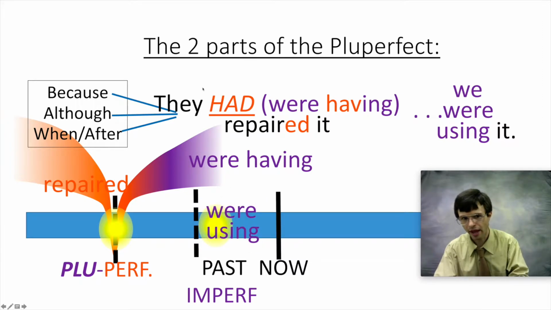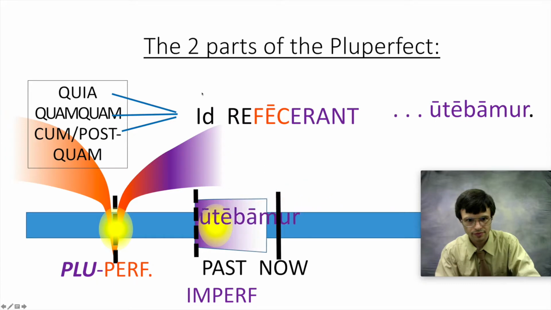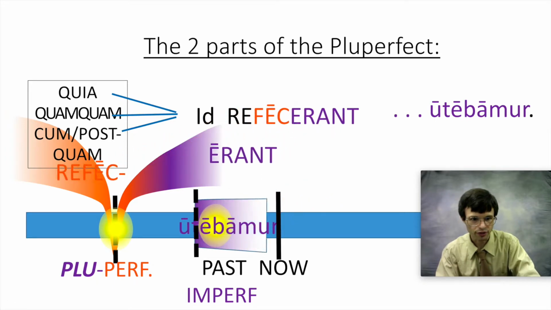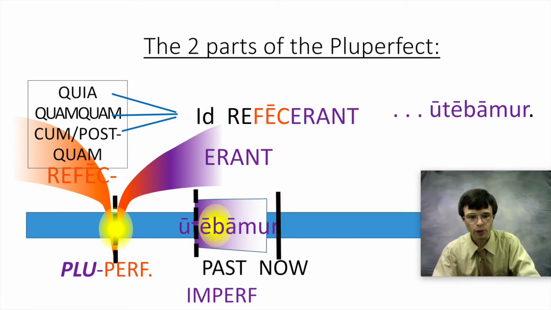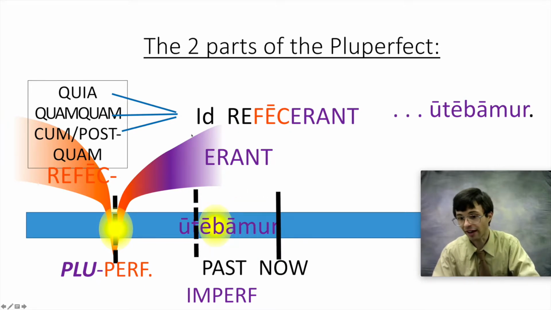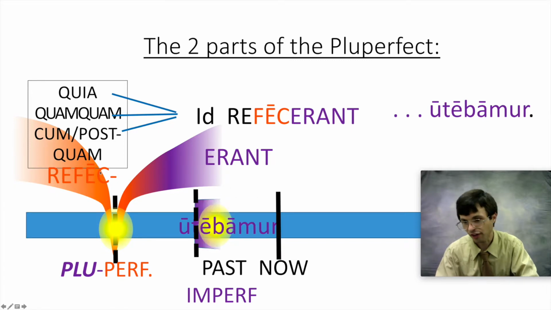And so that is how had really has two ideas in it. A state of being in the imperfect that was ongoing, and then a perfect situation that's even further in the past. And we can see it in the Latin just as well. While we were utebamur, they erant, they were, and they had already refecerant it.